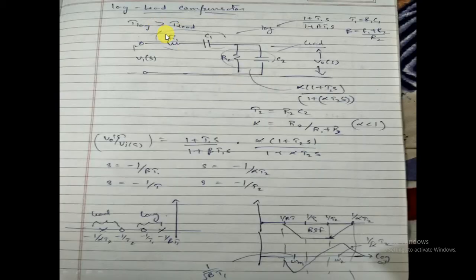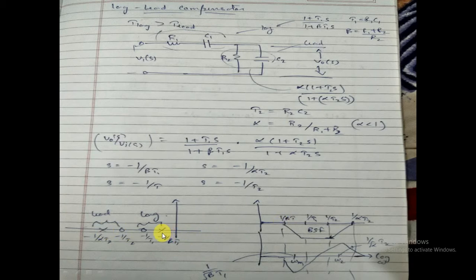And the last one is lag lead, and the easy part is that lag will have a series connection and lead will have a parallel connection. So again we multiply both of the transfer functions, and the pole zero plot will be of lag first, so lag will have a pole first and then 0, and then lead will have a 0 and then pole.